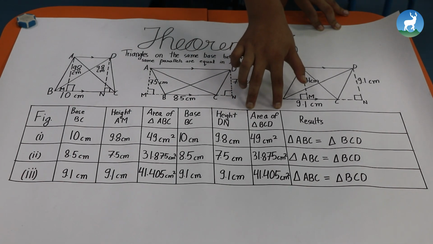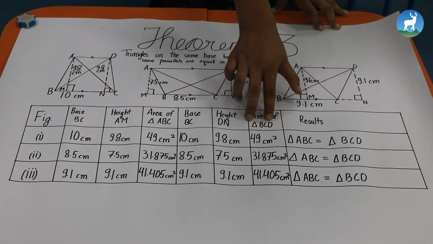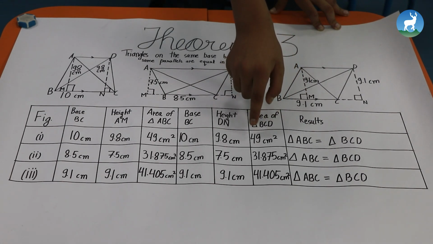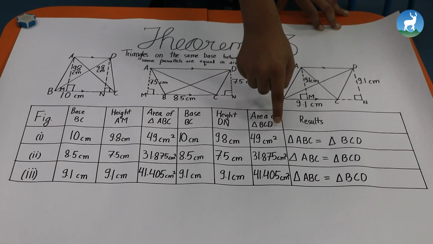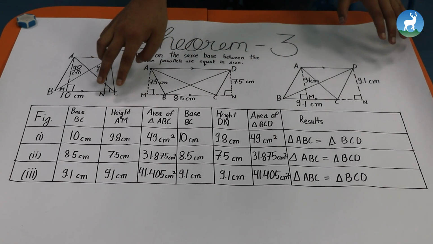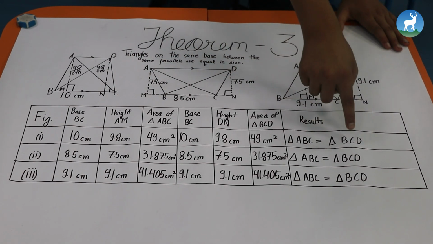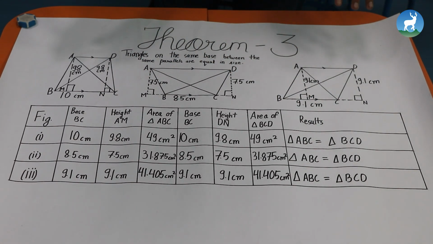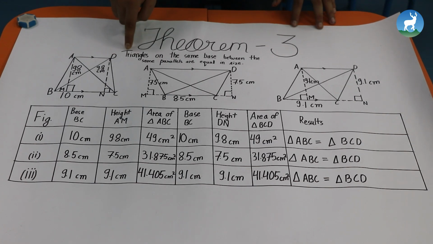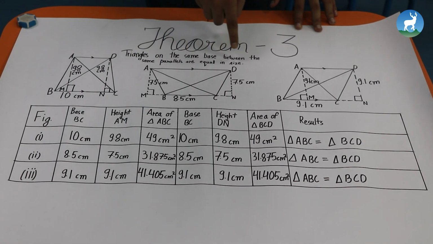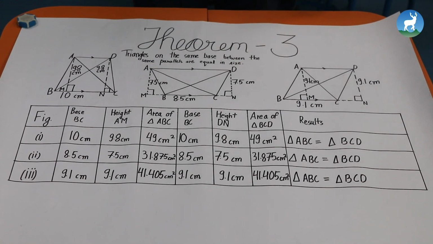So again we can say that the area of the triangle BCD is 49 centimeter square. This shows that both the triangles' areas are equal to one another, which again proves the statement: triangles on the same base between the same parallels are equal in size.